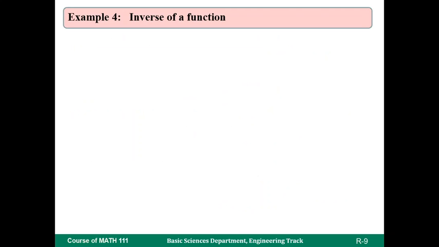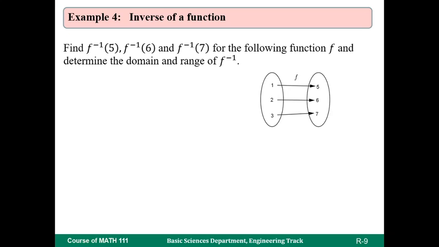Okay, let's look at this example. The rule of the function is given by this diagram, and it says find f inverse of 5, f inverse of 6, and f inverse of 7, and determine the domain and range of f inverse. f is going this way, so f inverse should go the other way, backwards. So what is the f inverse of 5?